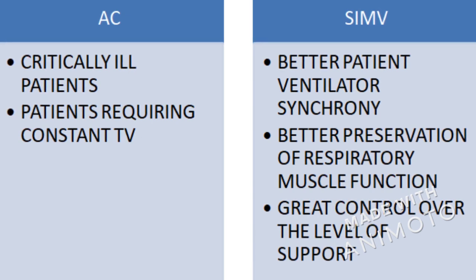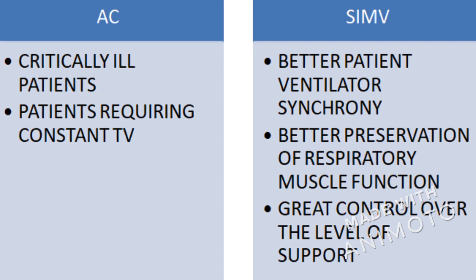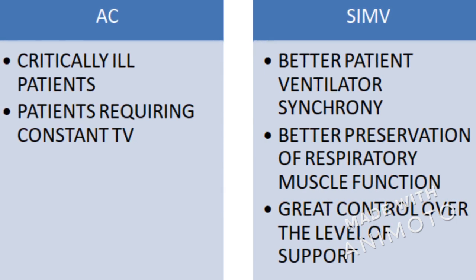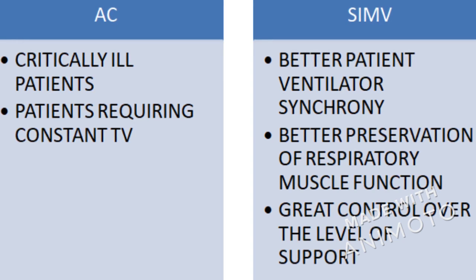These two modes are frequently used forms of volume limited mechanical ventilation. Assist control mode is better for critically ill patients and for those who require constant tidal volume. Whereas SIMV mode is better for patient ventilator synchrony and better preservation of respiratory muscle function. It also provides greater control over the level of support.